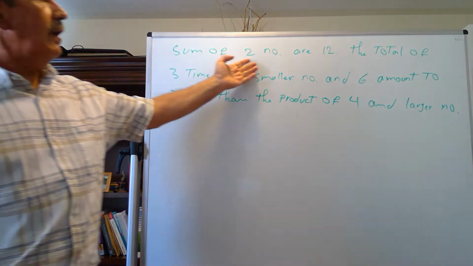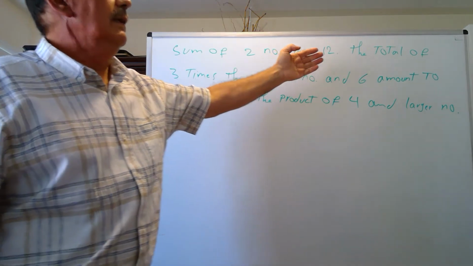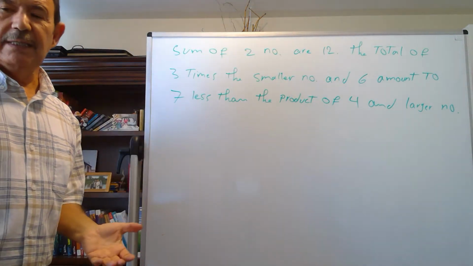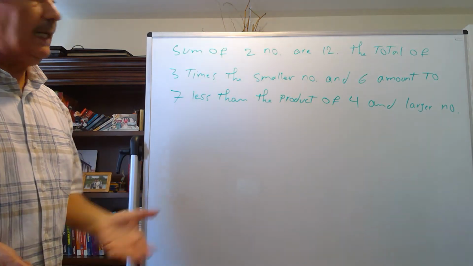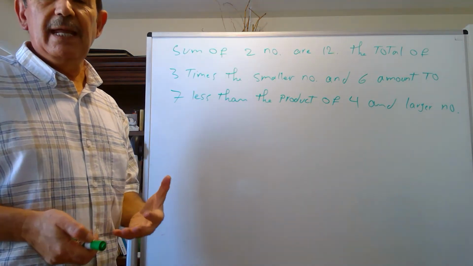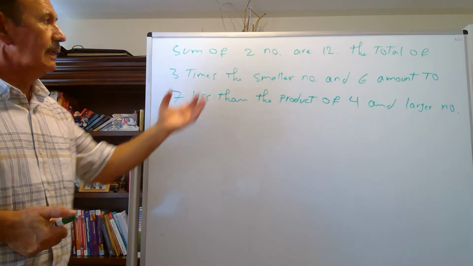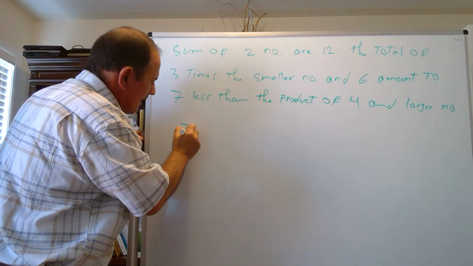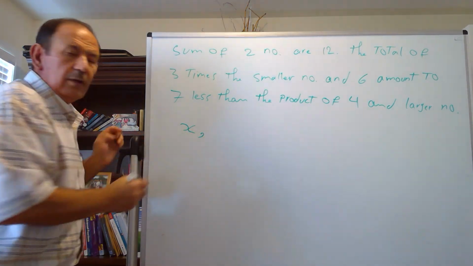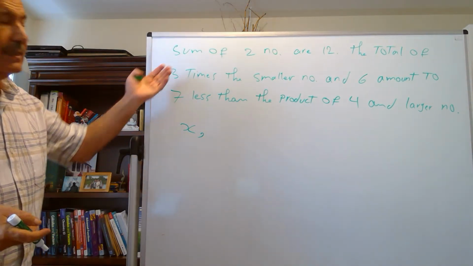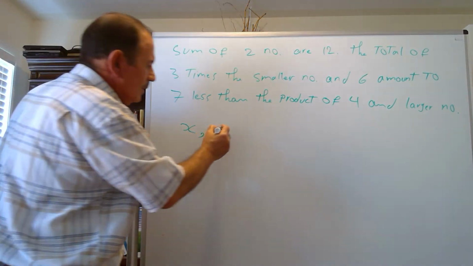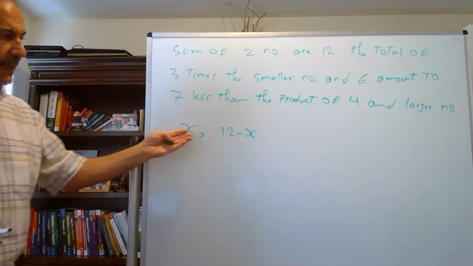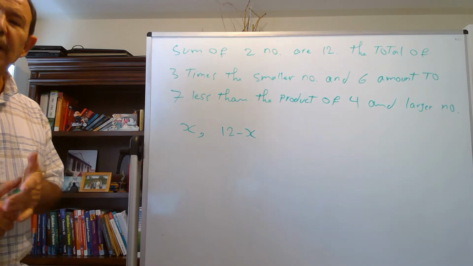Sum of two numbers is 12. First, we don't know what the two numbers are. Giving them a name makes it much easier. If I assume one number is x, what is the other number? Because the sum of them is 12, the other number is 12 minus x.